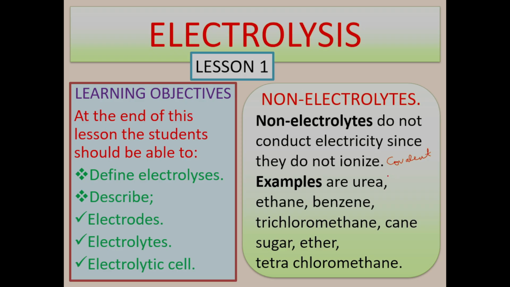If you can recall the properties of covalent compounds, they are insoluble in water. So because they are not soluble in water to produce ions, they do not conduct electricity.